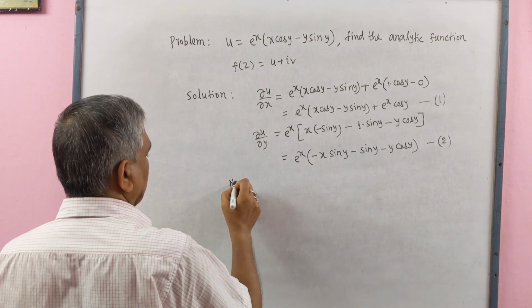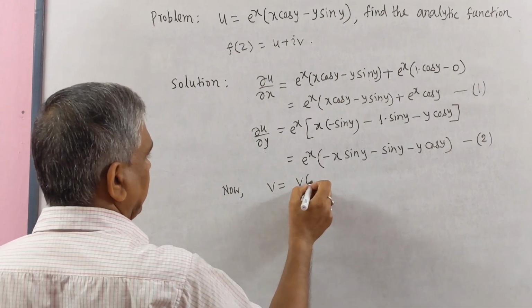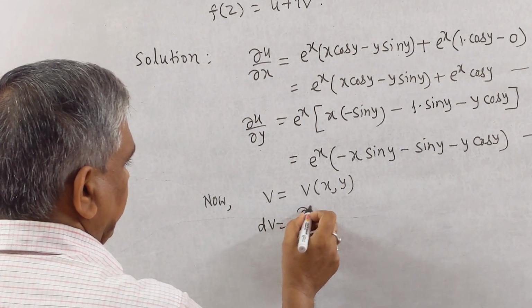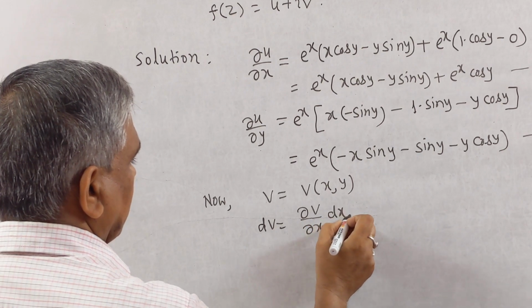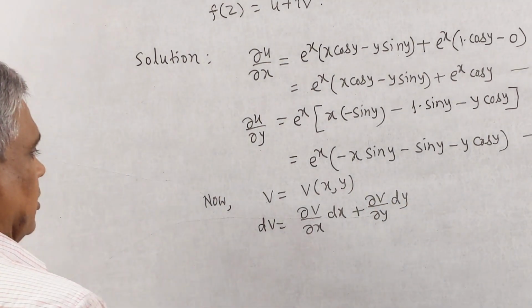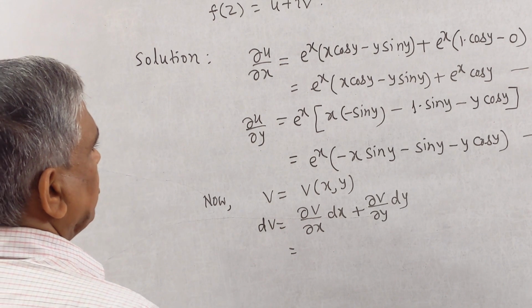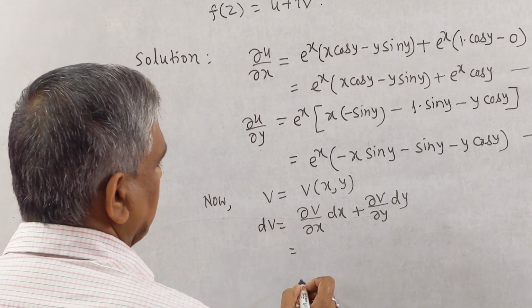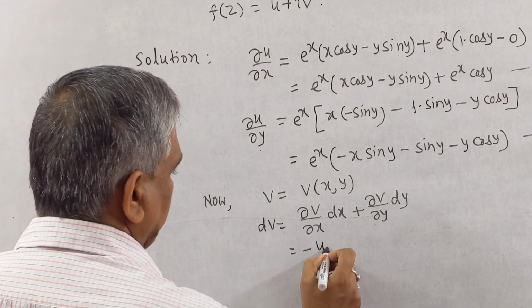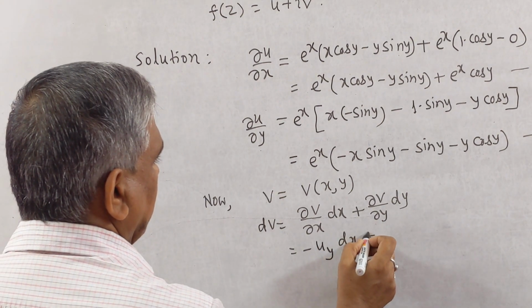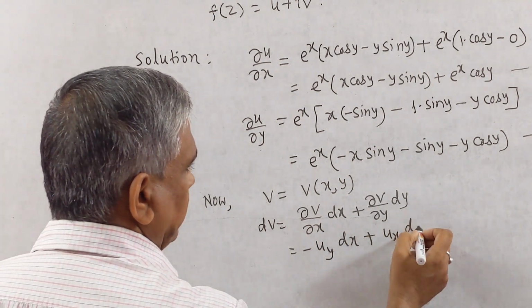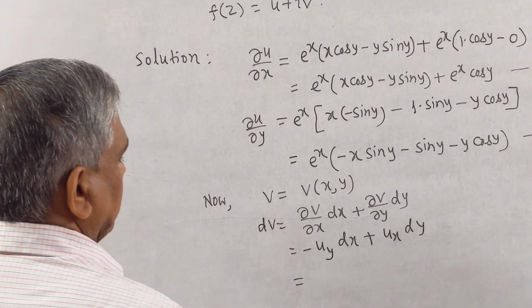Now v is a function of x and y, so dv equals ∂v/∂x dx plus ∂v/∂y dy. Here ∂v/∂x equals minus ∂u/∂y, and ∂u/∂x equals ∂v/∂y.